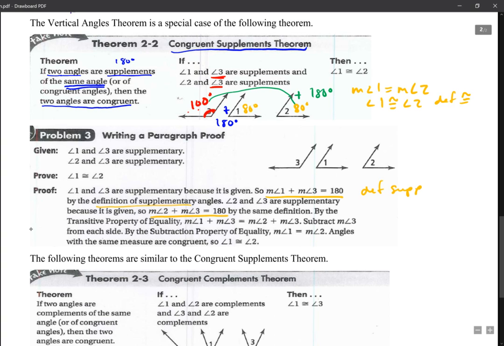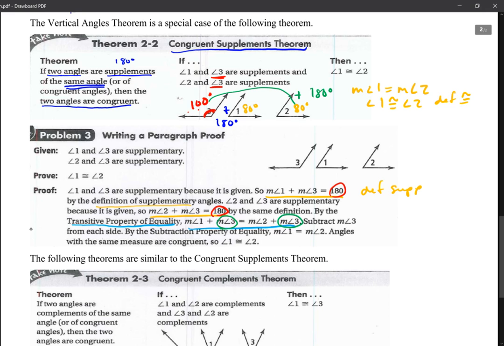Okay. Then, if I have, look right there, that is my transitive property of equality. Lets me set these equal to each other. And then what do you see in there? Do you see the angle 3 on both sides?